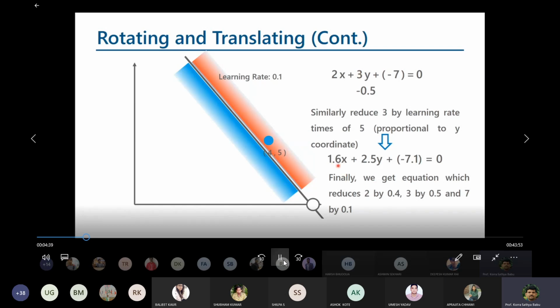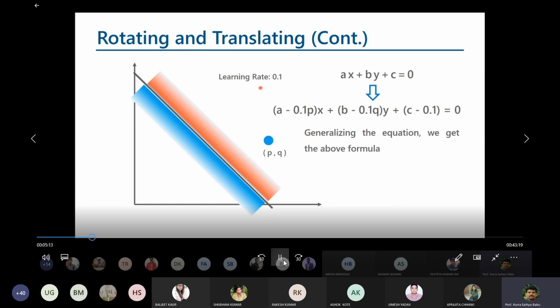So 1.6x, 0.4 is reduced here. 1.6x plus 2.5y, 0.5 is reduced here, minus 7. So 0.1 is reduced here, so minus 7.1 equal to 0. Now the equation of the line is this one, and it has shifted drastically, nearer to this particular point. So finally we get the equation which reduces 2 by 0.4, 3 by 0.5, and 7 by 0.1.